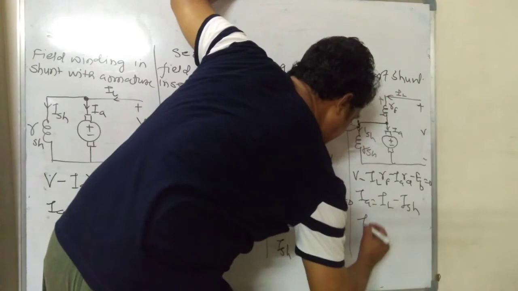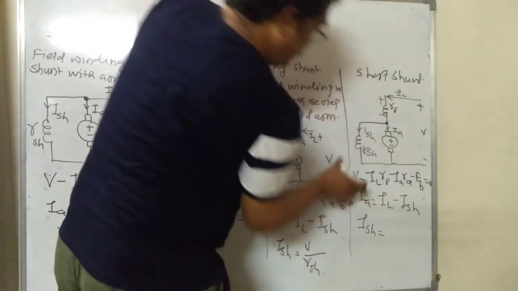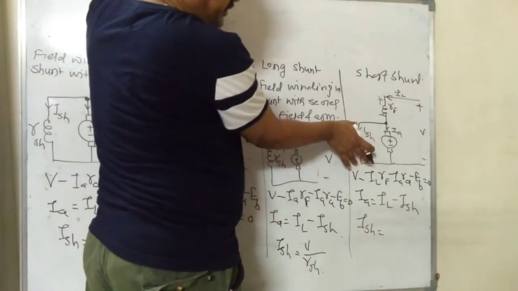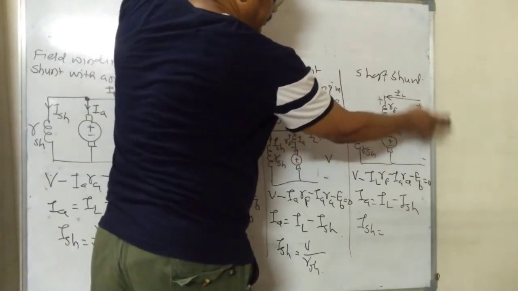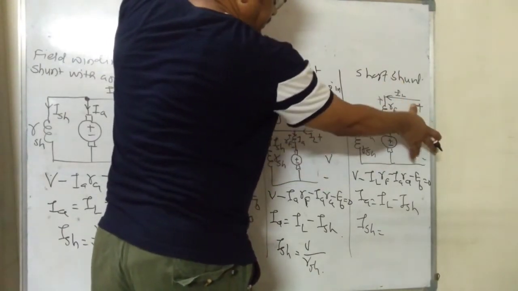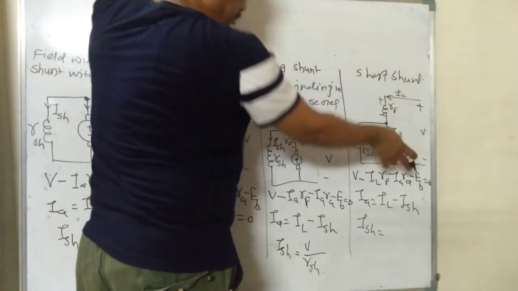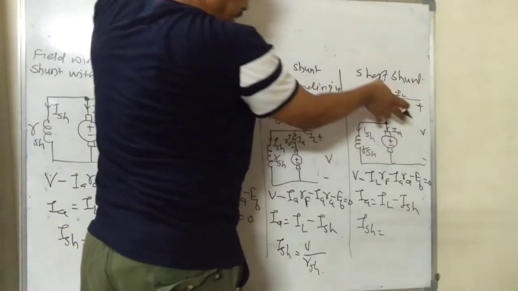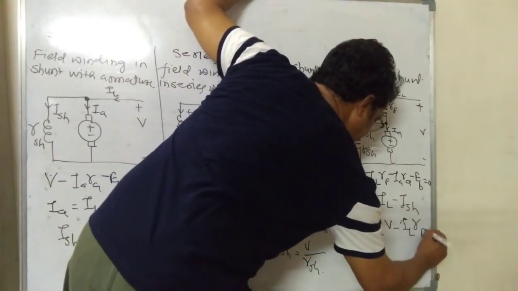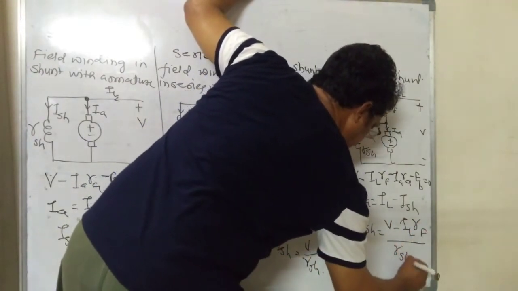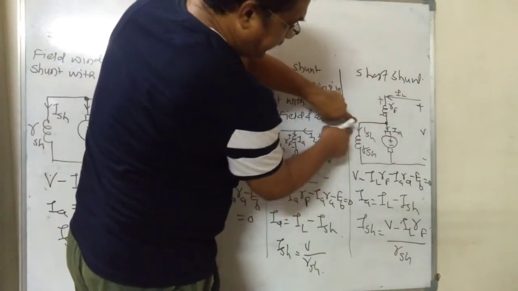But what is ISH now? Current through this resistance. And what is voltage across this resistance? This minus this will be voltage across this resistance. So V minus ILRF upon RSH. Voltage across this upon resistance.